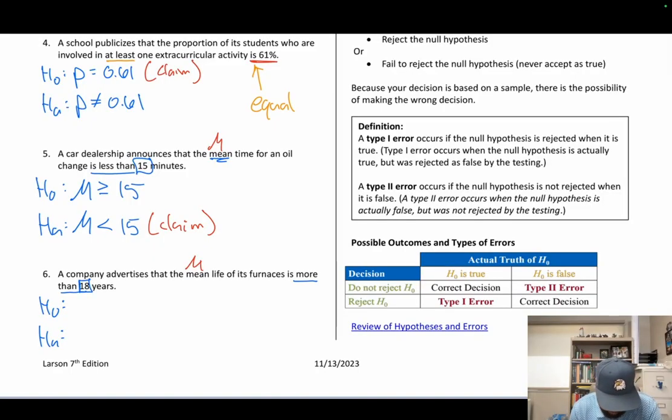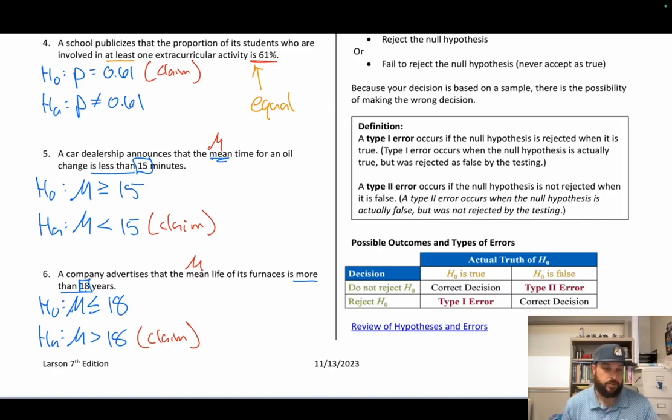So this is a strictly more than 18, which means our null hypothesis is less than or equal to 18. And again, our claim this time is our alternative hypothesis because it was a strictly greater than value.